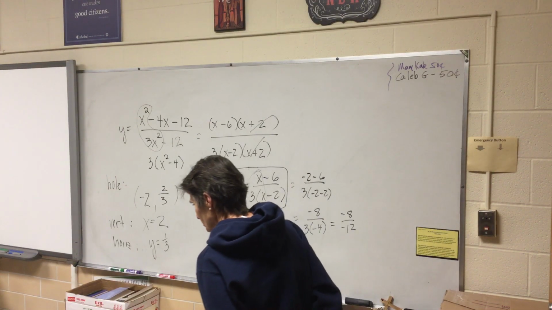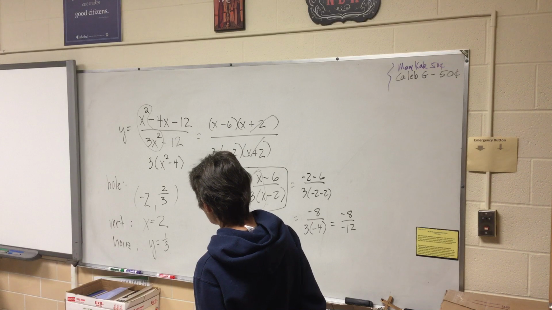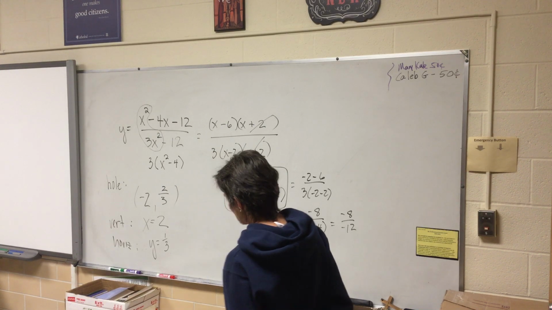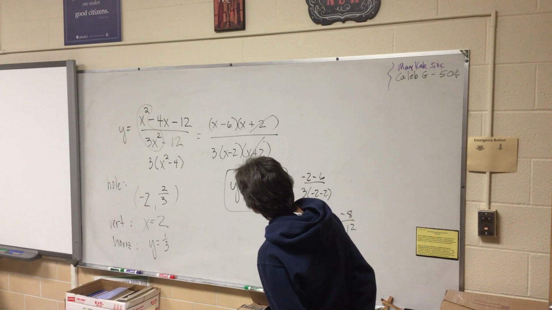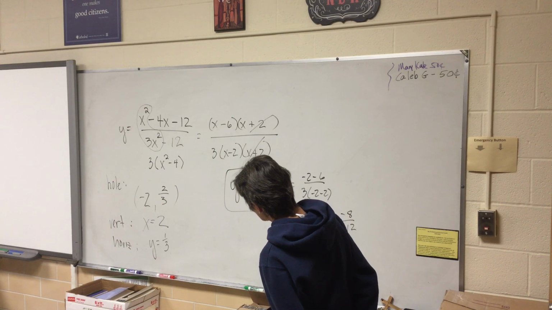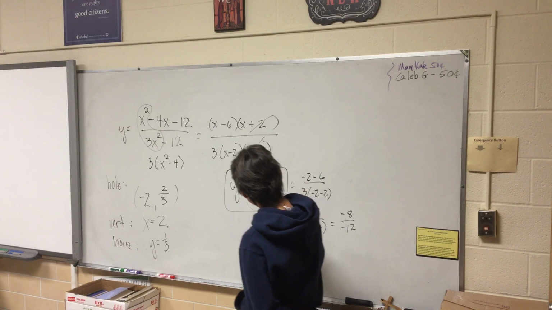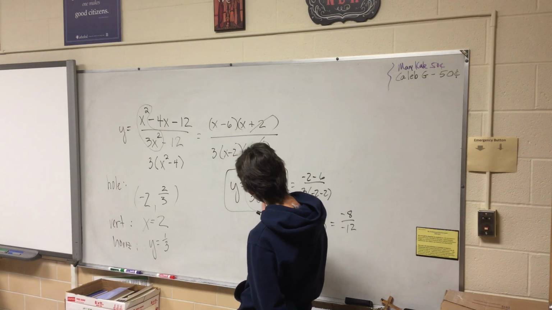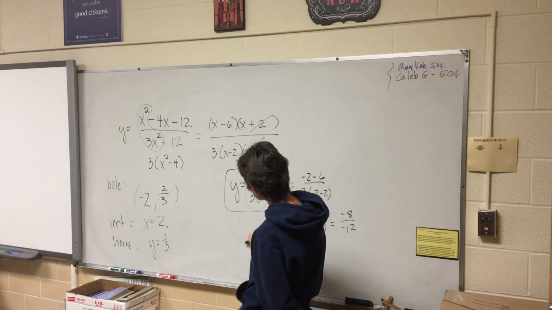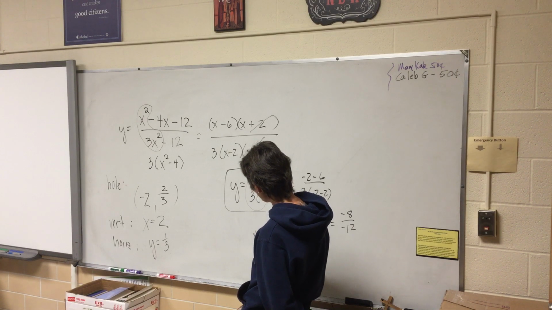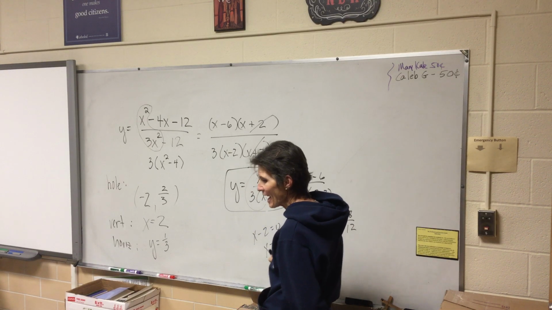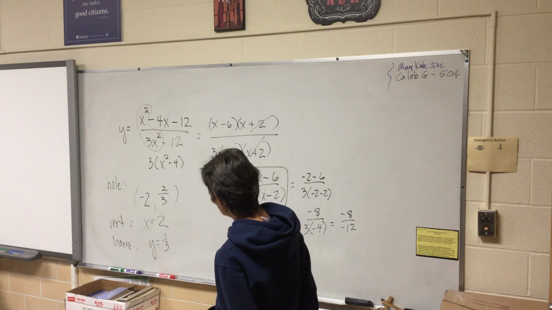So do you set the negative 2 equal to 0? Whatever would make this 0. If x minus 2 is 0, that means x is 2. That is your asymptote.